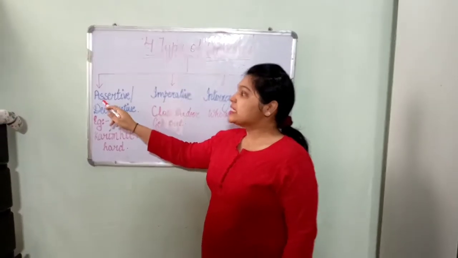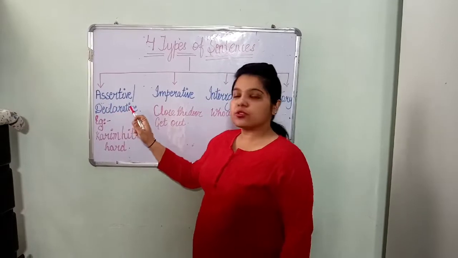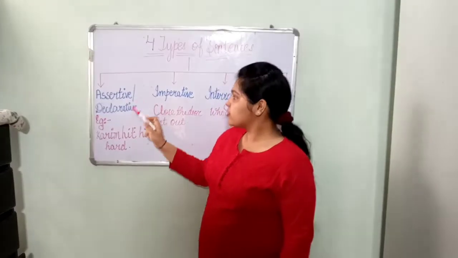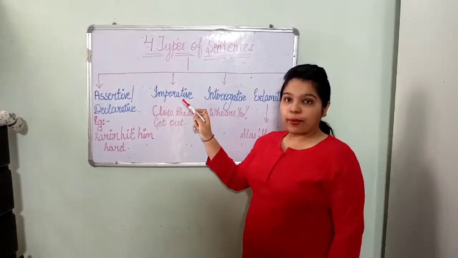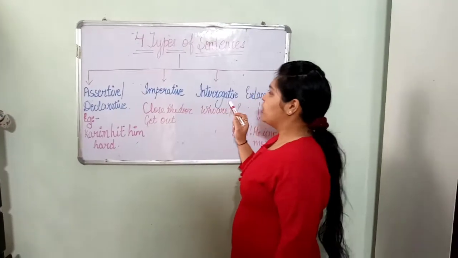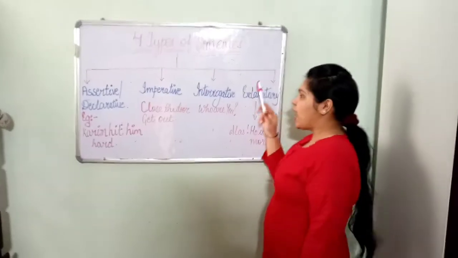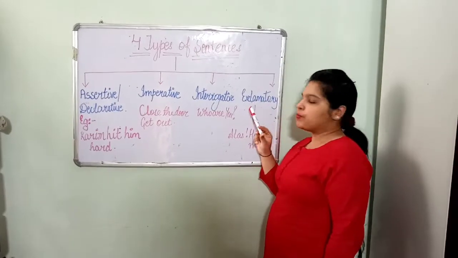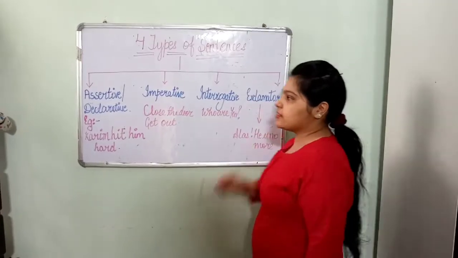The first one is assertive, also known as declarative sentences. The second one is imperative sentence. The third one is interrogative sentence, and the fourth and last one is exclamatory sentence.